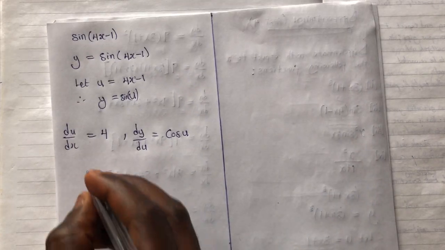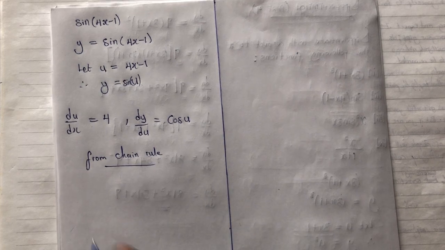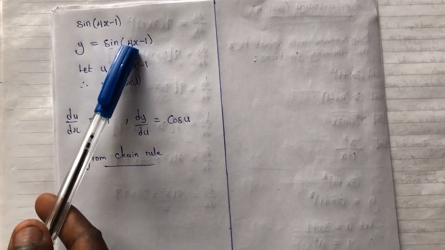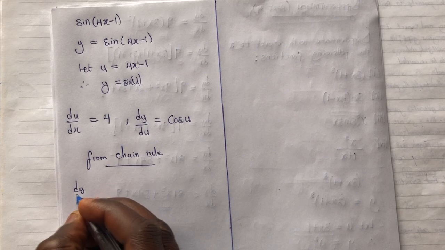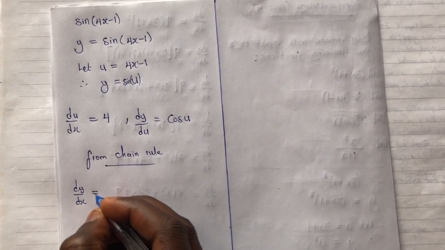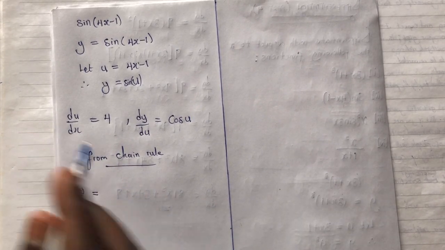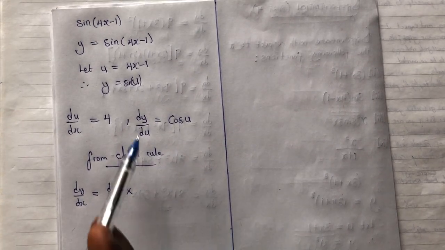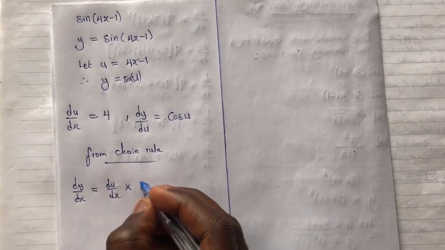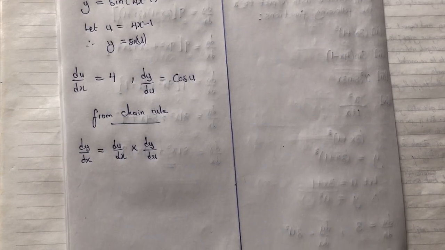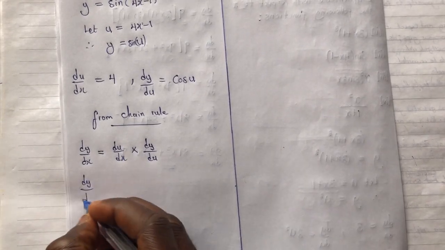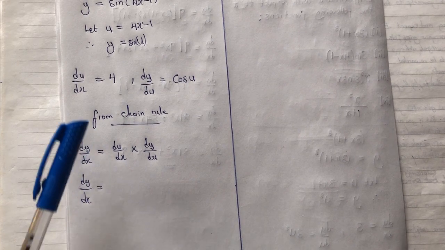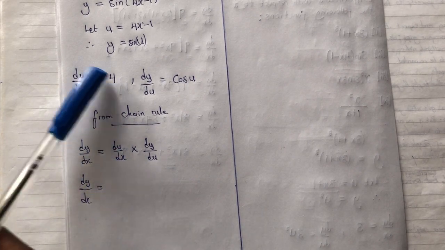From here, we apply chain rule by saying from chain rule, we are differentiating y with respect to x. So dy/dx will be equal to the first derivative du/dx times the second derivative dy/du. So this one becomes dy/dx will give us, what was du/dx? It was 4.